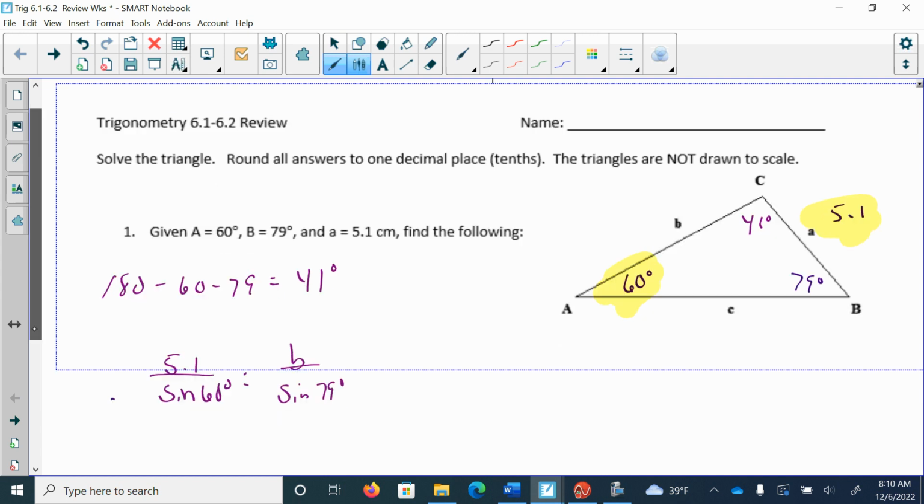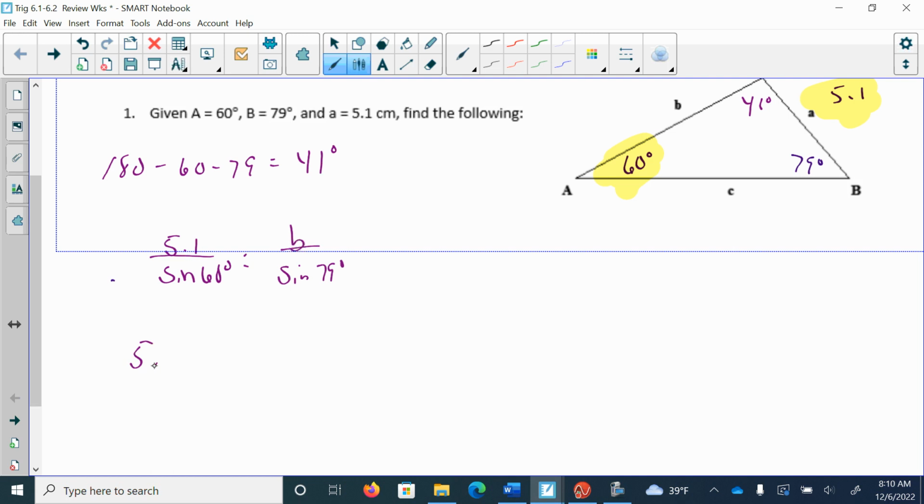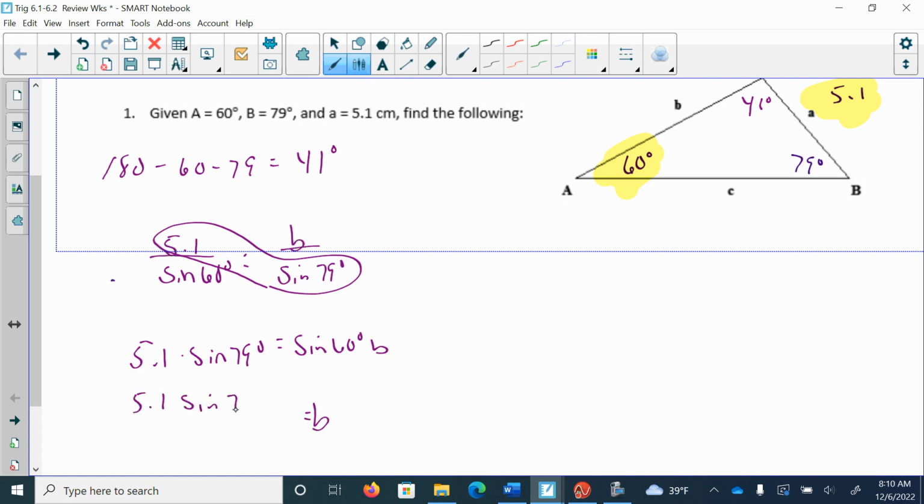Now, if you're cross multiplying, you're going to have 5.1 times the sine of 79 degrees is equal to sine of 60 times B. So to find B, you're going to do 5.1 sine 79 degrees divided by the sine of 60.